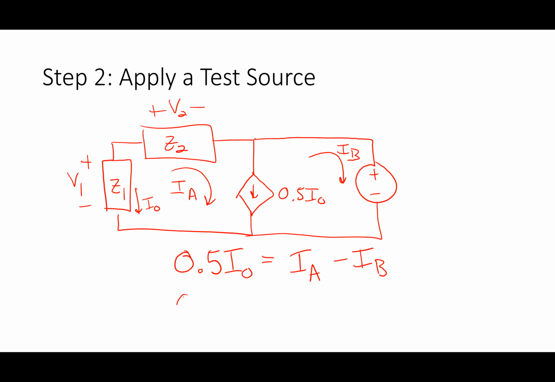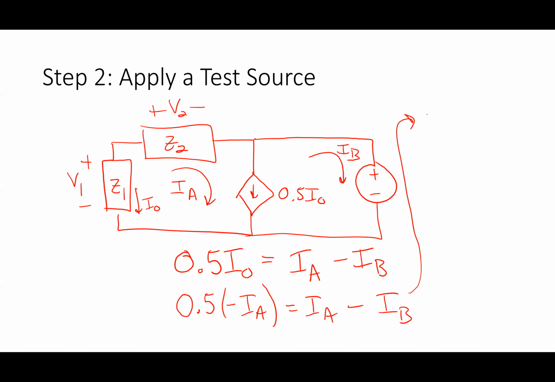So I see 0.5 times negative IA equals IA minus IB. This becomes pretty easy to solve, but I kept it in matrix form at the end. So I basically turned this into 0 equals 1.5 IA minus IB. You guys follow what I did there?